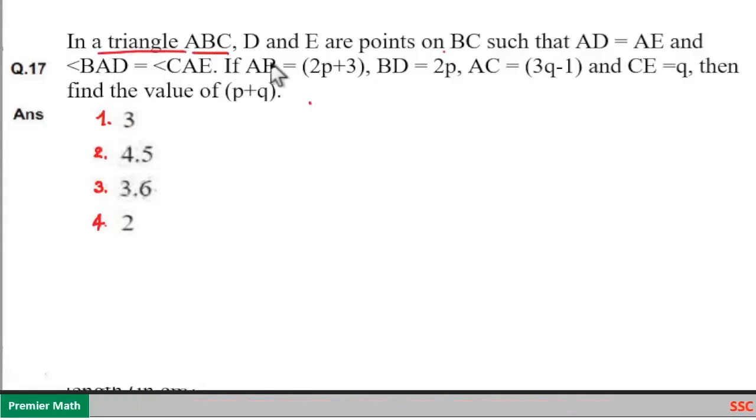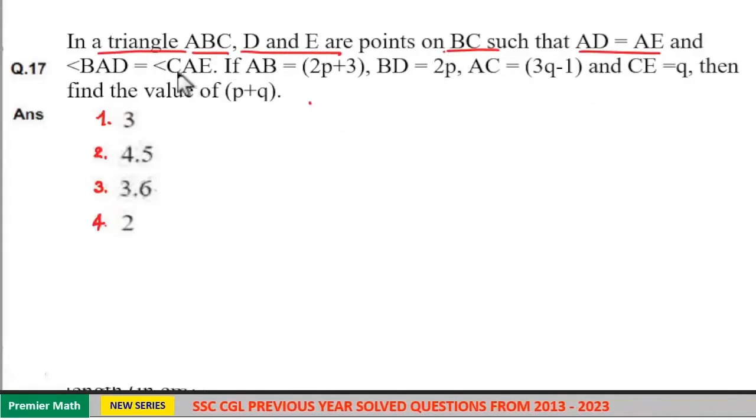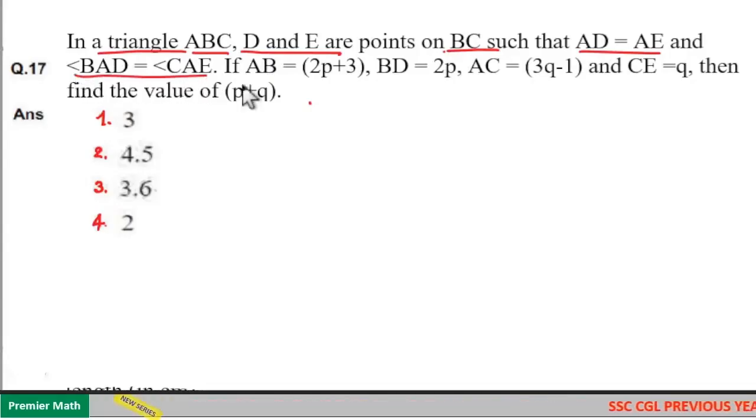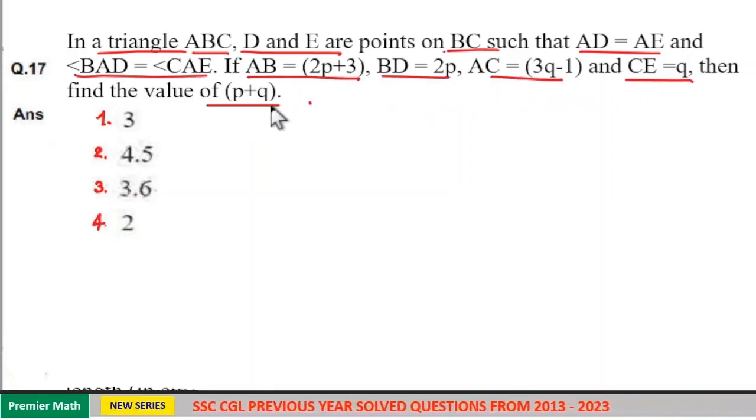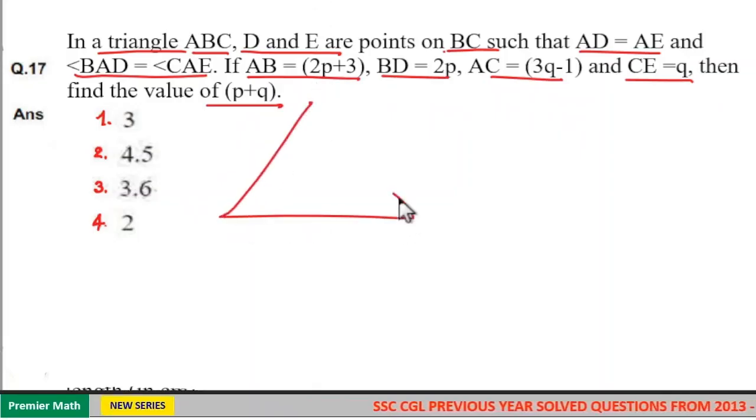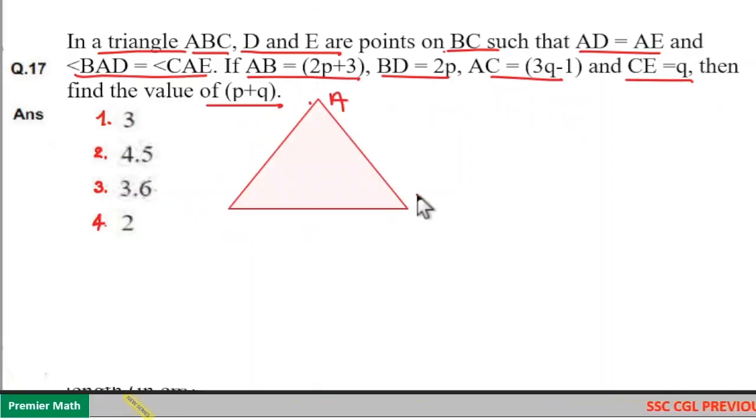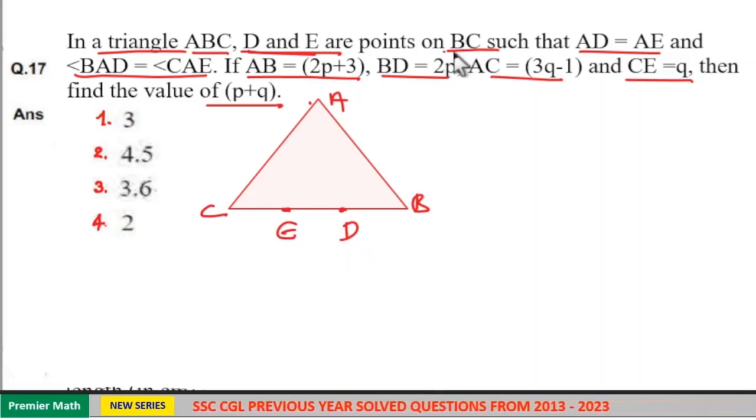In a triangle ABC, D and E are points on BC such that AD equals AE, angle BAD equals angle CAE, and AB equals 2P plus 3, BD is 2P, and AC is 3Q minus 1, CE is Q. Then find the value of P plus Q. Here, this is the triangle ABC. Now, D and E are two points on BC. And AD is equal to AE.